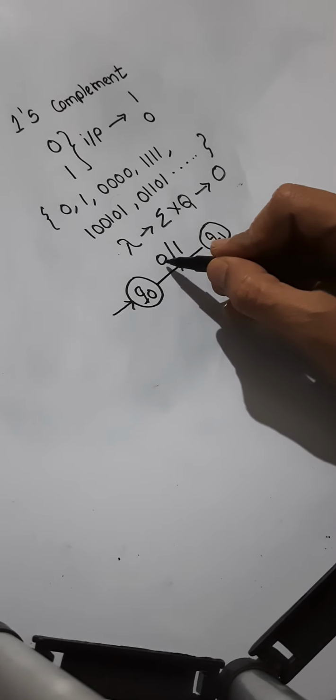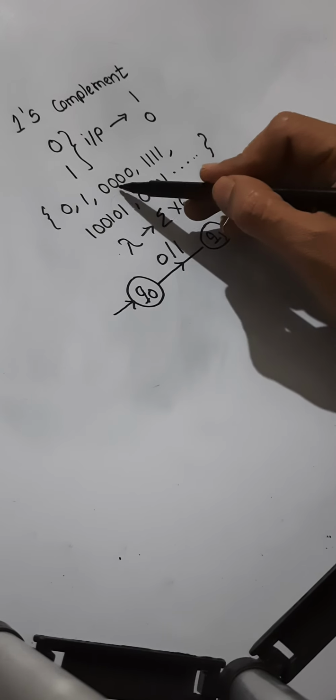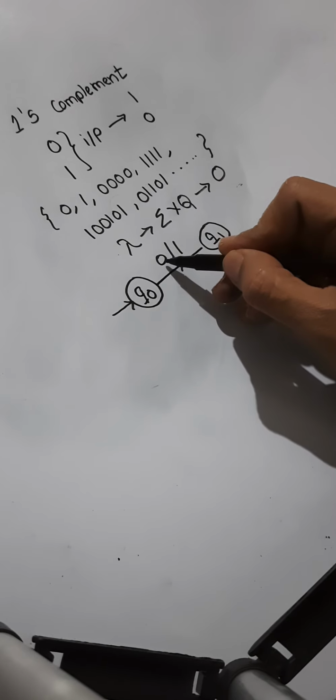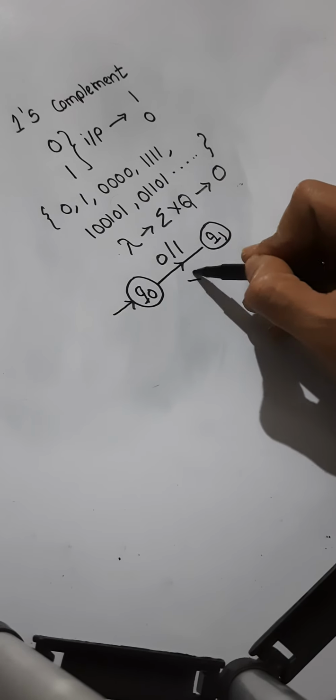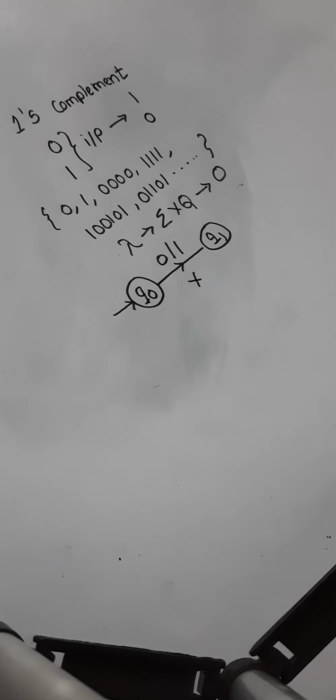But this is only for a single 0. What about if there are multiple zeros in a string? So this is only for a single 0. So this method is wrong. So what are we going to do?